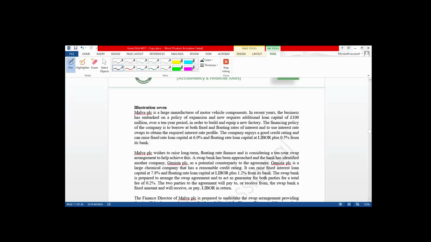The company enjoys a good credit rating and can raise fixed rate loan at 6%, floating rate loan at LIBOR plus 0.5.